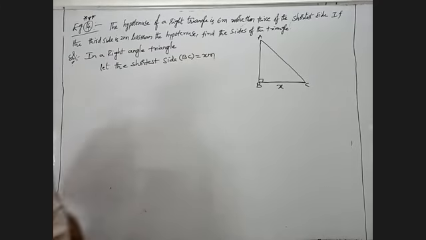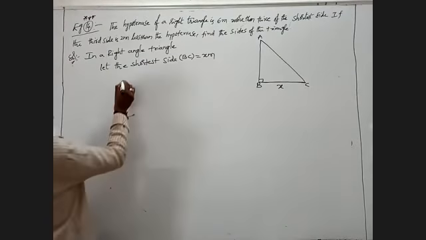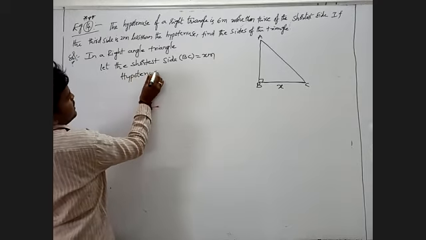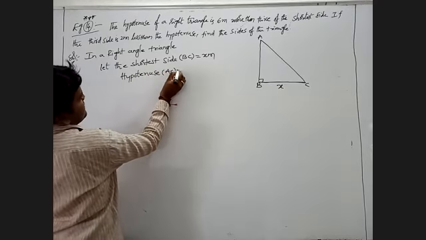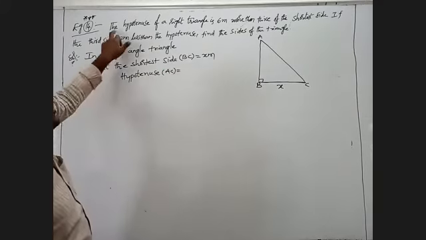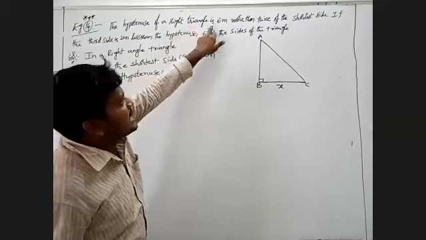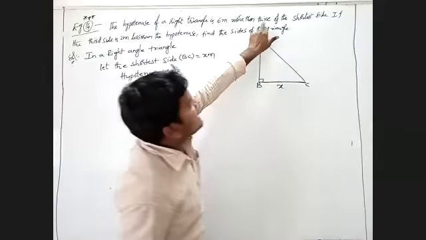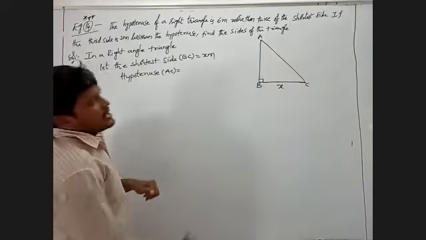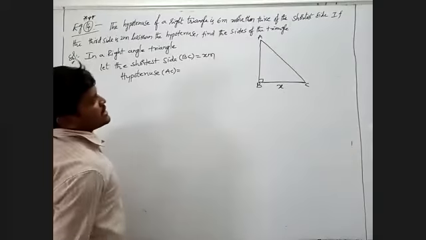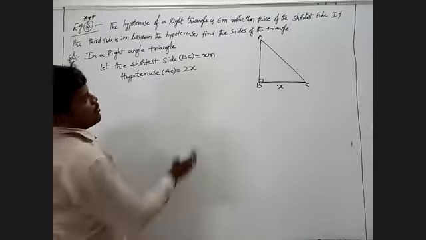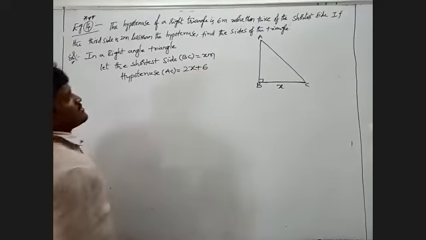The hypotenuse is AC. The hypotenuse is 6 meters more than twice the shortest side. The shortest side is x, twice the shortest side means 2x, and 6 more means plus 6.